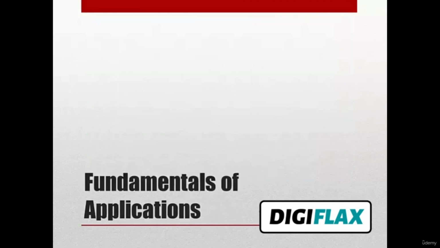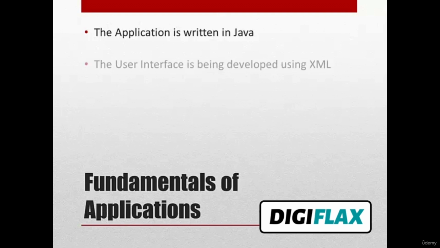Now let's see some fundamentals of applications in Android. The applications in Android are written in Java. So that's why we needed the prerequisites that you have the knowledge of Java. The user interface of Android applications is developed using XML.